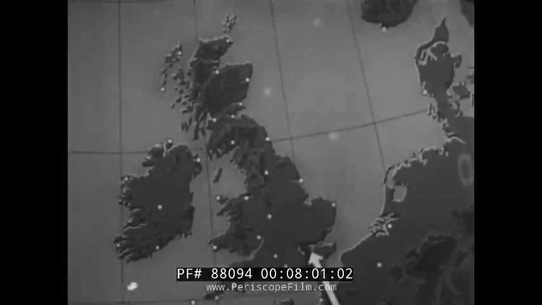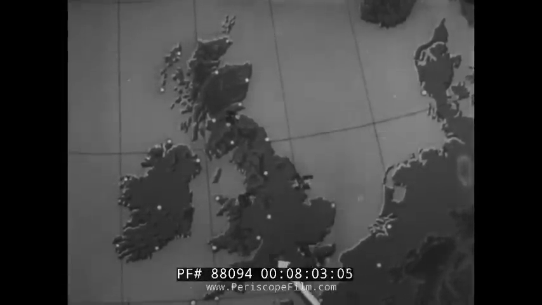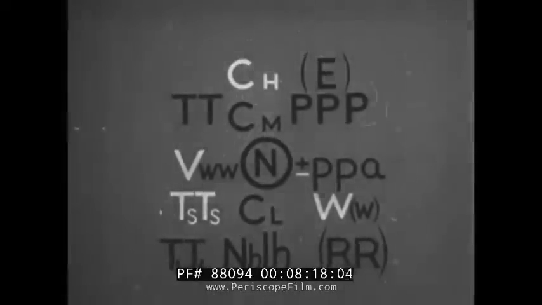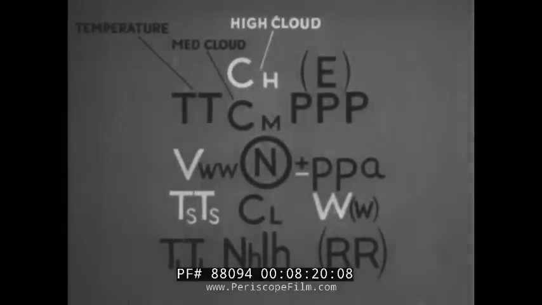A weather map is constructed by plotting around each reporting station the different observations made at that station. By the system employed and the use of symbols, the large amount of information reported to the forecaster can be plotted in small compass over each station.